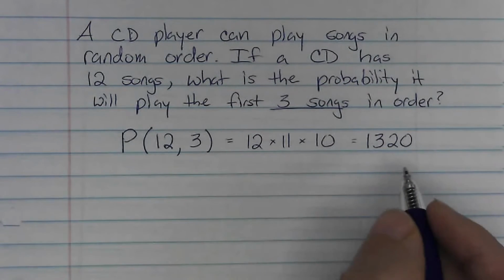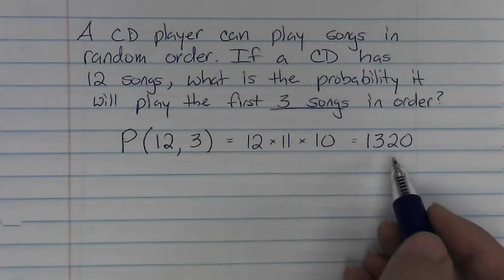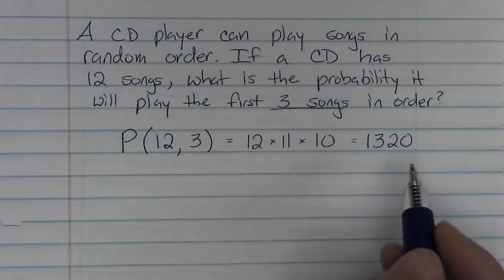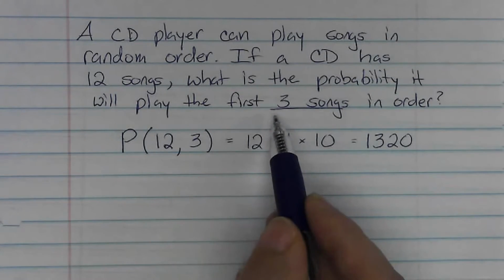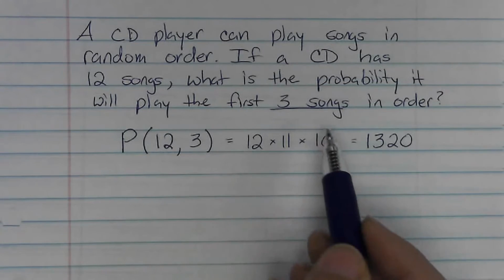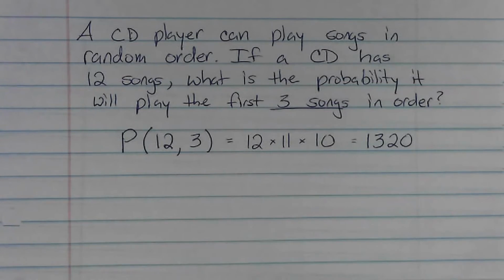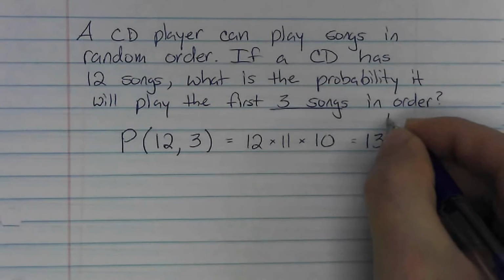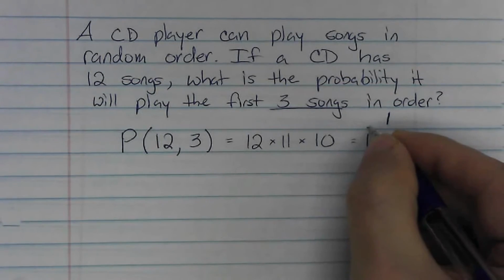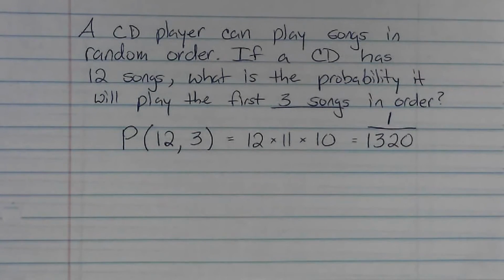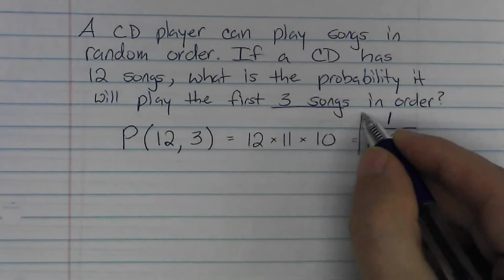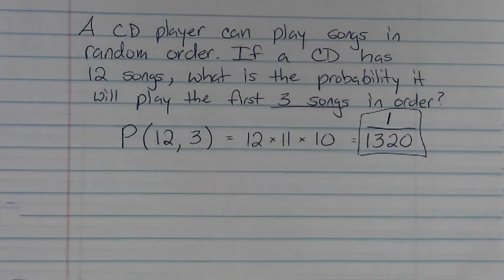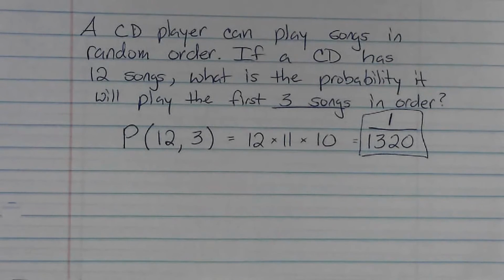This is just how many possible outcomes there are, how many combinations there are of the first 3 songs, but we want to know the probability the first 3 songs will be in order. Well, that's one specific combination where it goes from track 1 to 2 to 3 exactly. So there's only one combination that has them in order out of the 1,320 possible combinations. So your probability would be 1 out of 1,320.